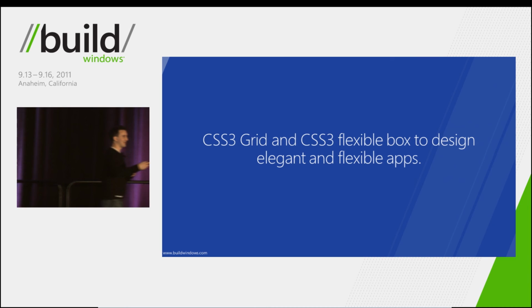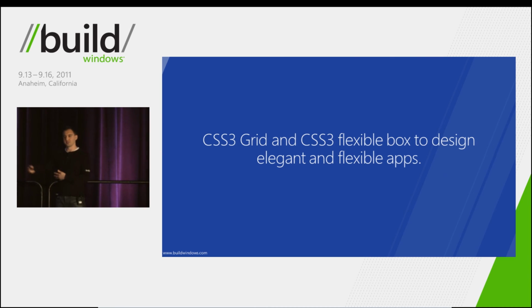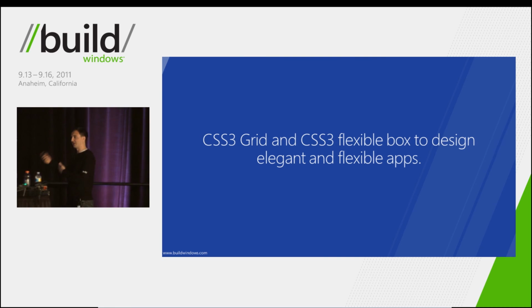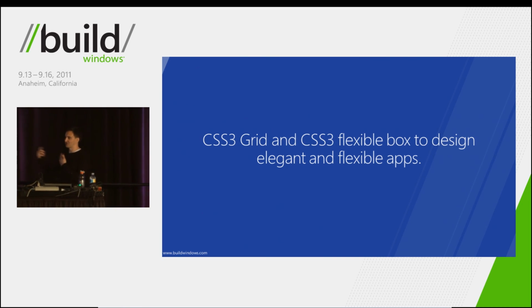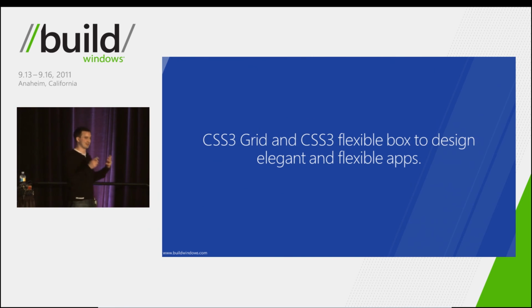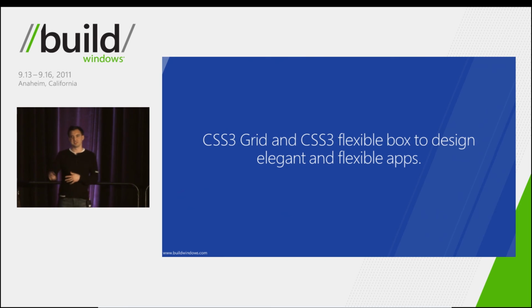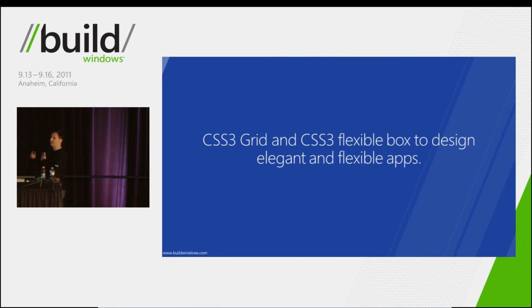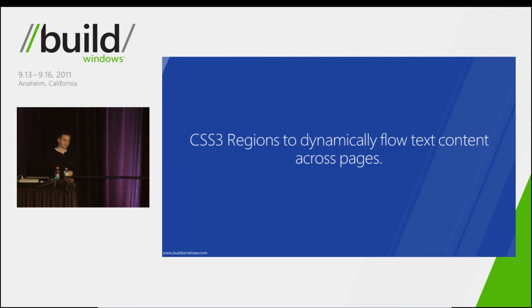So to reiterate a couple of points, the way you're going to be using some of these core capabilities that have been added to CSS3 to develop really elegant and clean Metro-style apps, you're going to start with CSS3 Grid and CSS3 Flexbox. You're going to be using Grid if you want to have very complex layouts that partition space vertically and horizontally, and CSS3 Flexbox maybe for smaller portions of your app or for relatively simple app layouts.